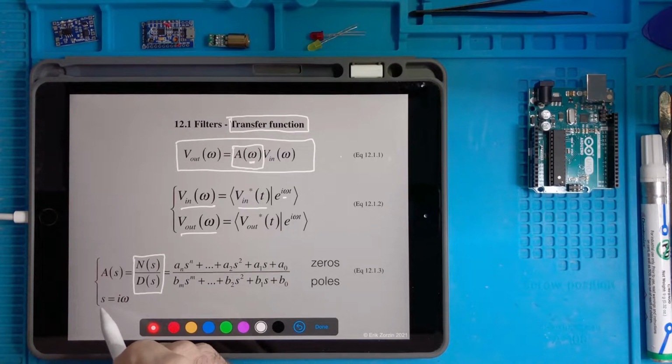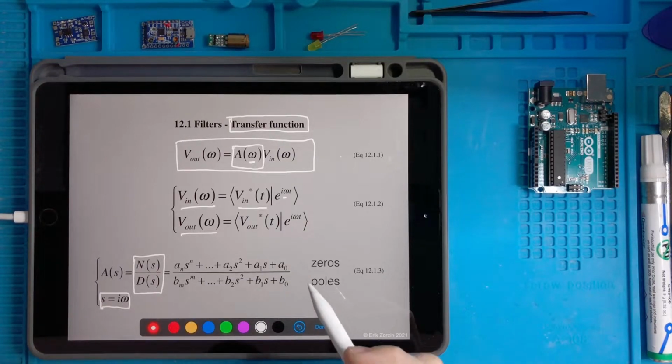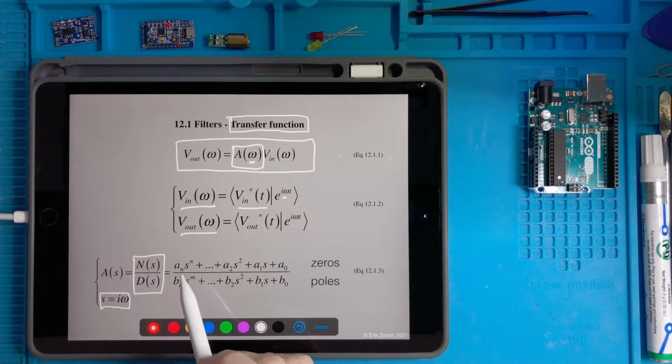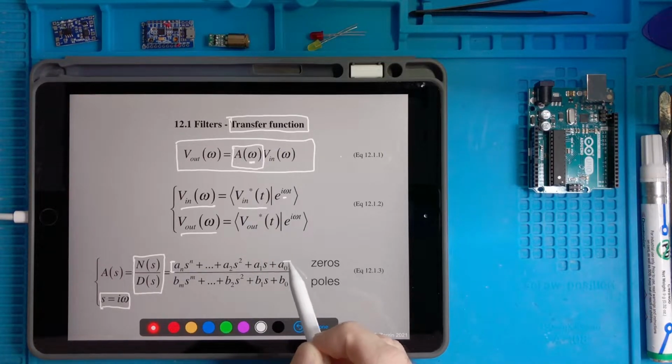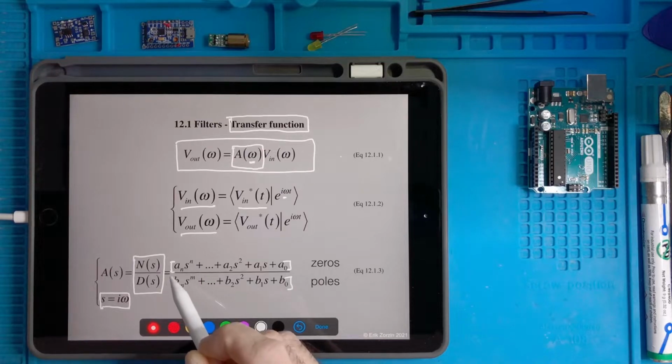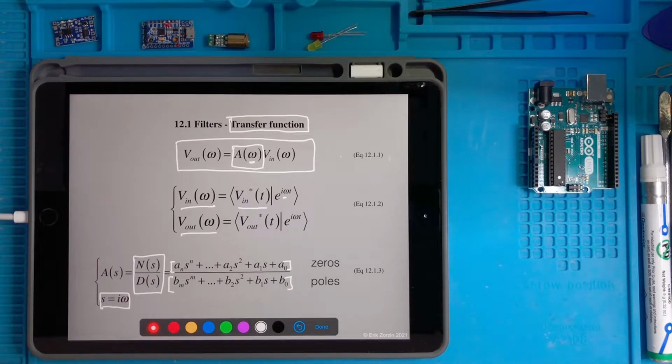Then we make this substitution s equals i omega. So this is the numerator and this is the denominator. It's not something that a priori should be like this. We just want to focus our attention on this type of transfer function that can be written like this.